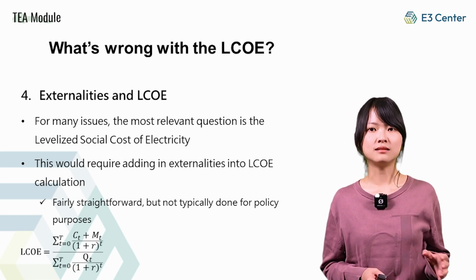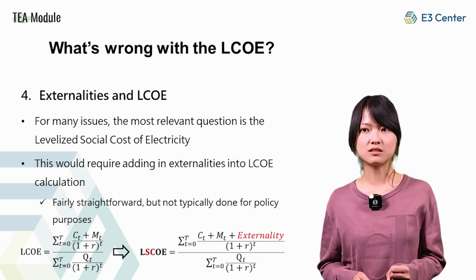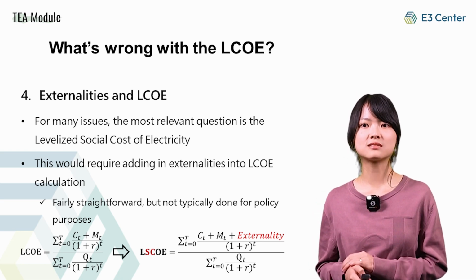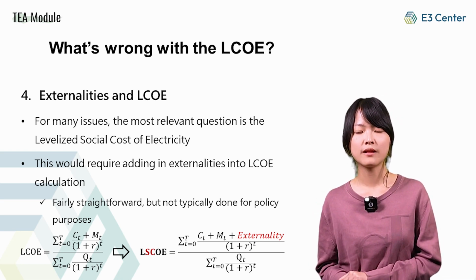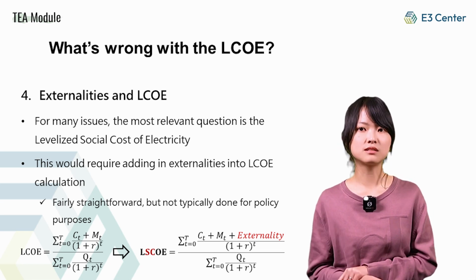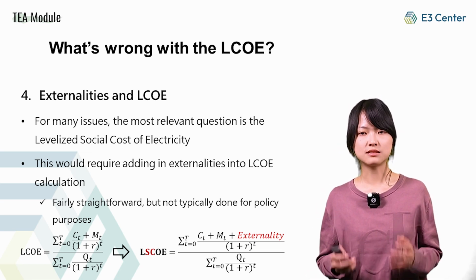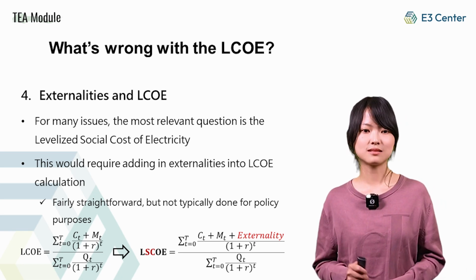By adding externality factors to the cost in the numerator, LSCOE aims to reflect the true societal cost of electricity production, therefore aiding policymakers and stakeholders in making more informed decisions that consider both economic and social impact.